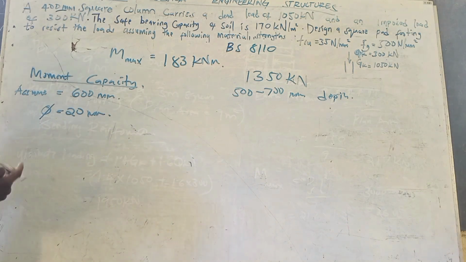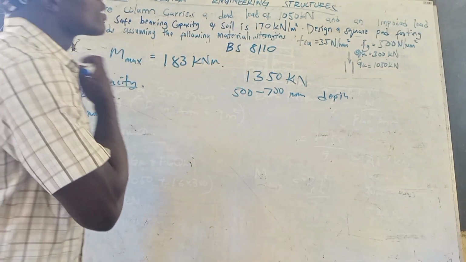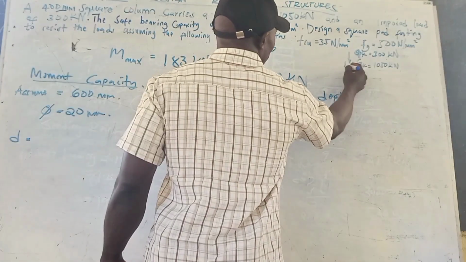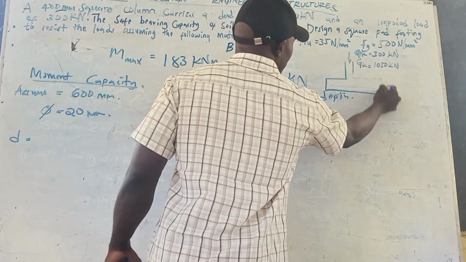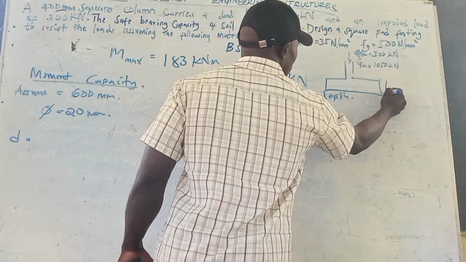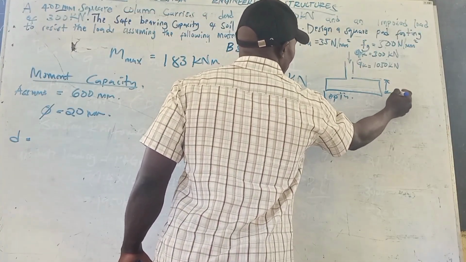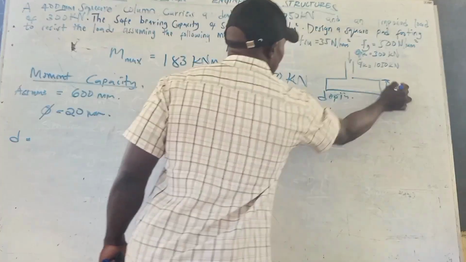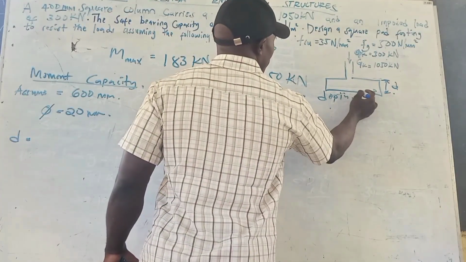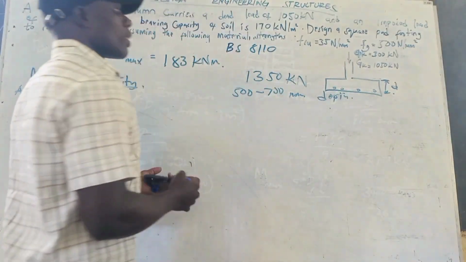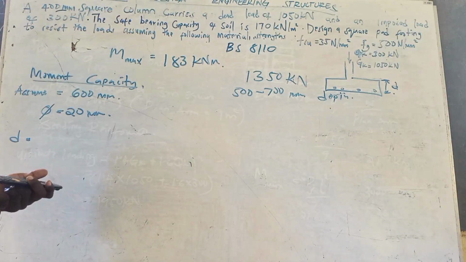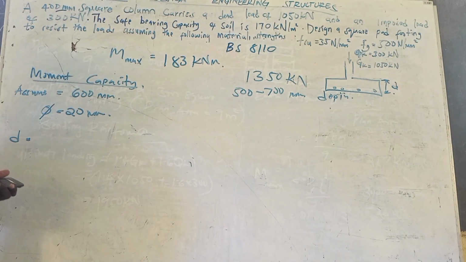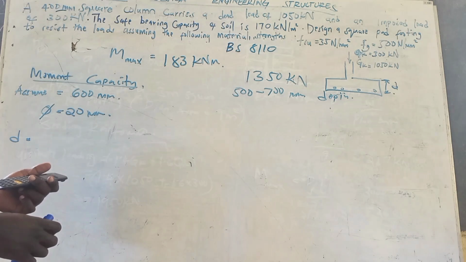with calculations for the effective depth. The effective depth is the distance from the top part of the footing to the center of the bending reinforcement bars.